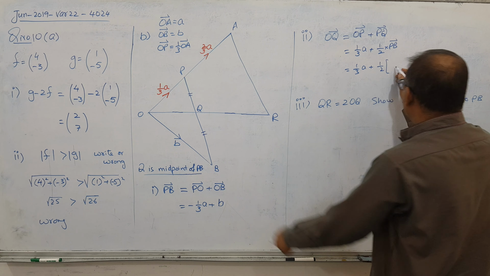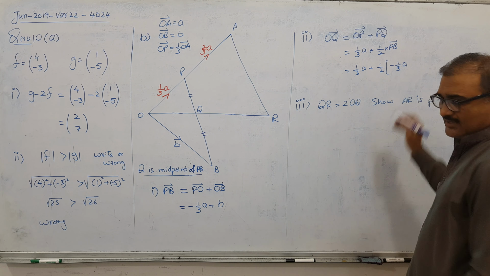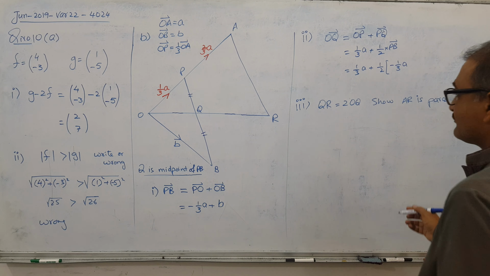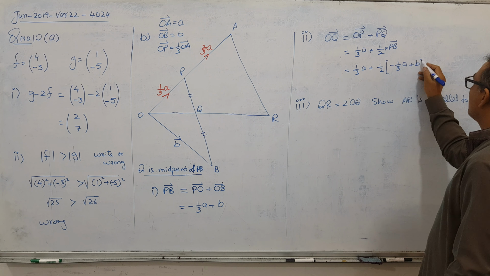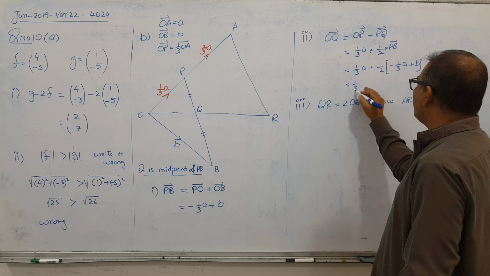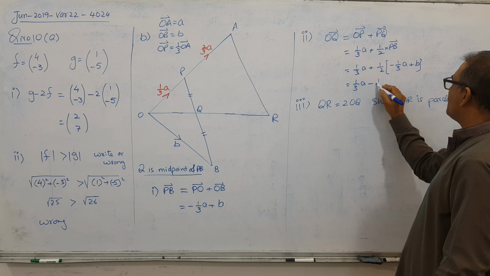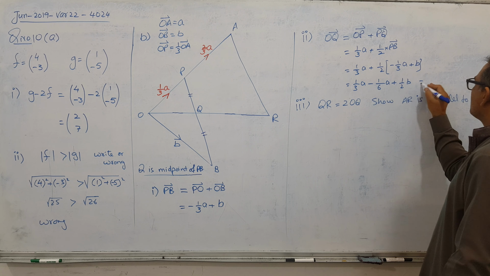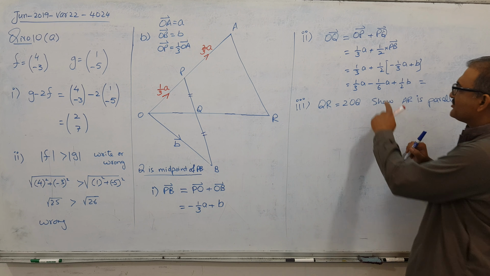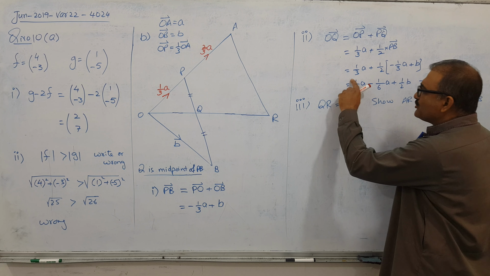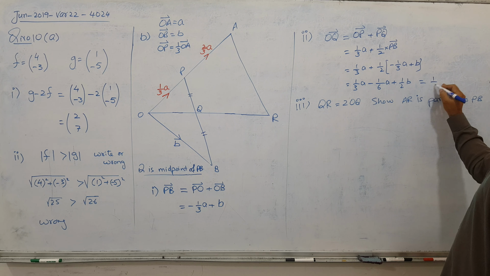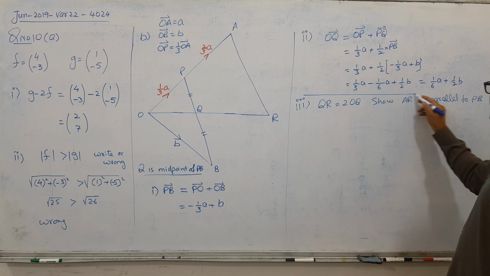This value, we know, is minus 1 by 3A, plus B. Open the bracket: 1 by 3A plus minus minus 1 by 6A, and plus half B. So just take the LCM of these two. Here 6, here I need 6, into 2, into 2. 2A minus A, I got A by 6, or 1 by 6A. And here I got 1 by 2B. So this part is very clear.